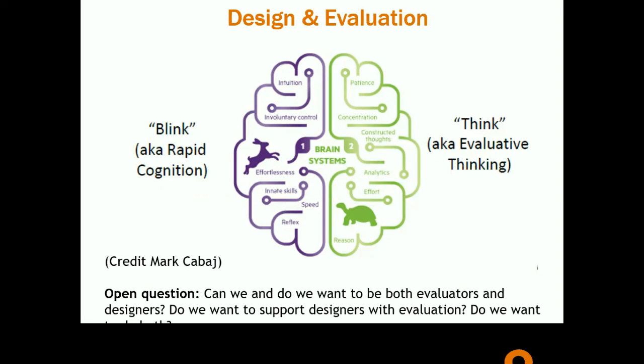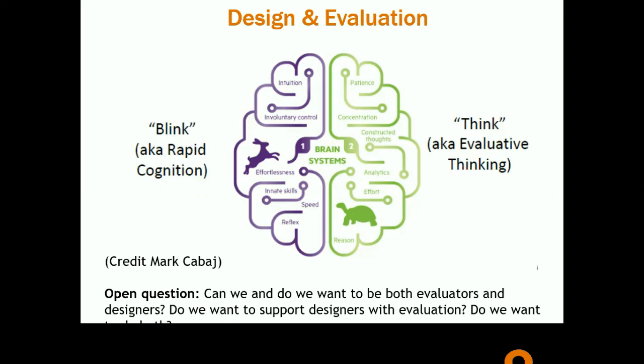And yeah, I feel like for us, they're quite useful to reflect on. So on the left-hand side there's the purple brain. It says blink. So this is the side that is the more designy thing.